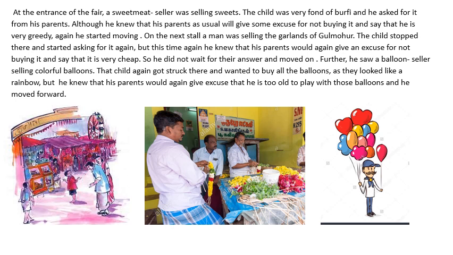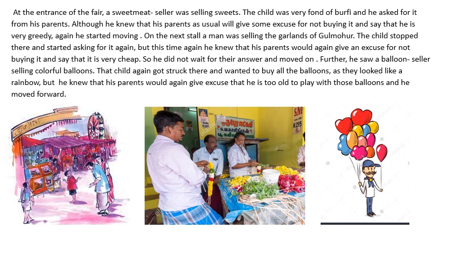At the next stall, a man was selling garlands of gulmohar. The child stopped there and started asking for it again. But he knew that his parents would again give an excuse and say that it is very cheap. So he did not wait for the answer and moved on.